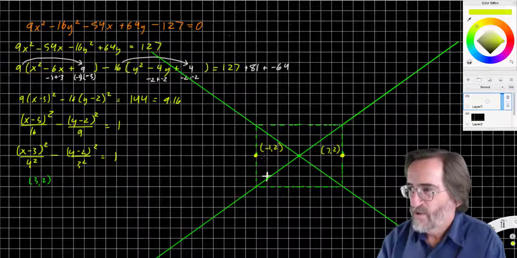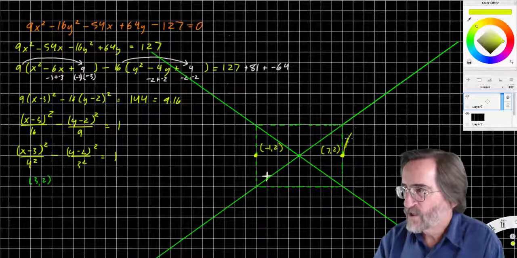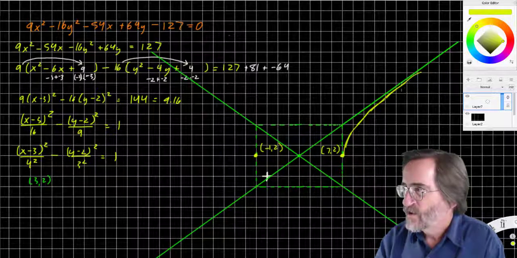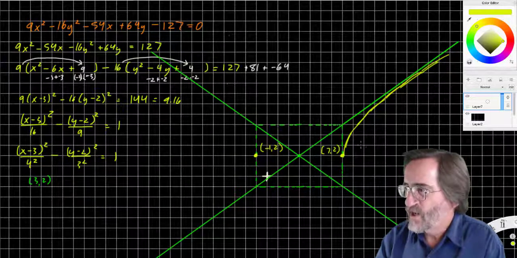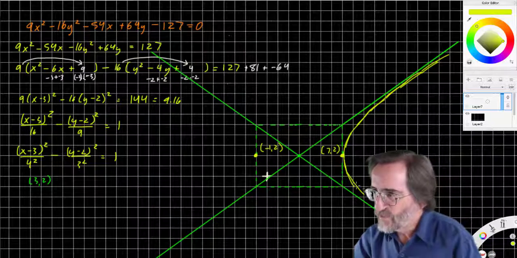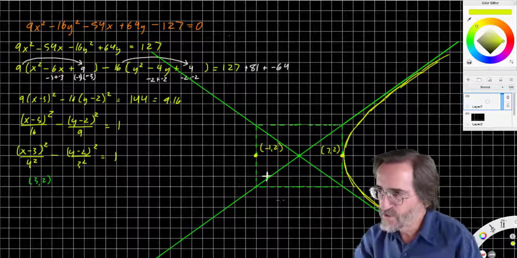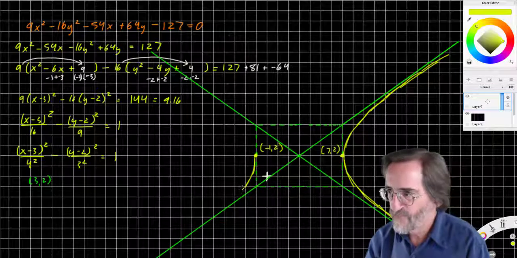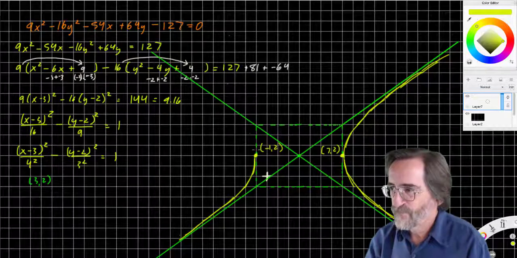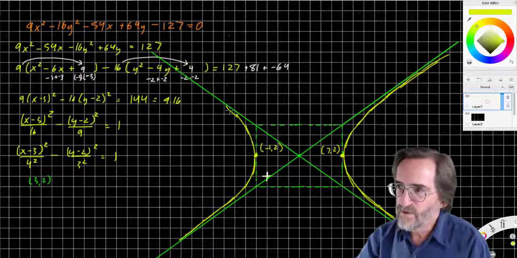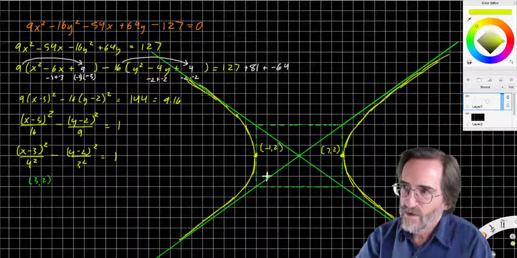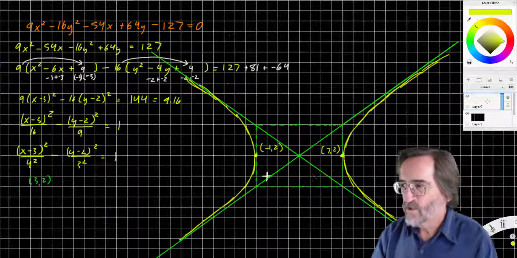What's more is we can identify the foci. There are foci of the hyperbola, just like there are foci of an ellipse. Okay, here we go. All right, and so we can determine the foci.